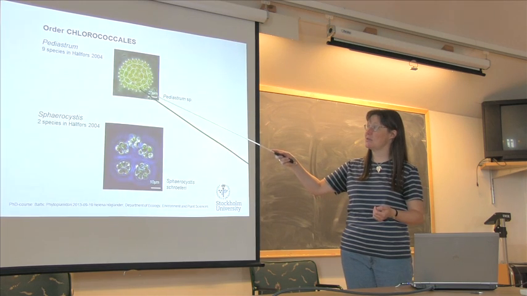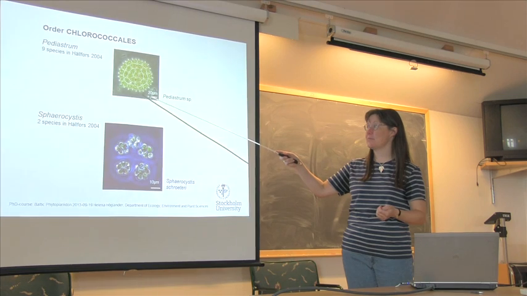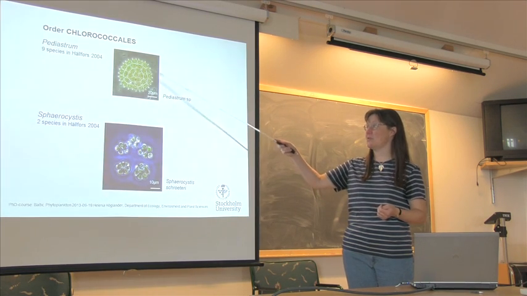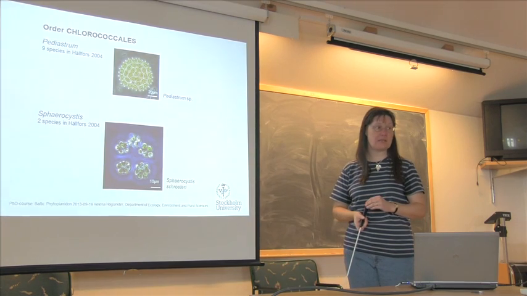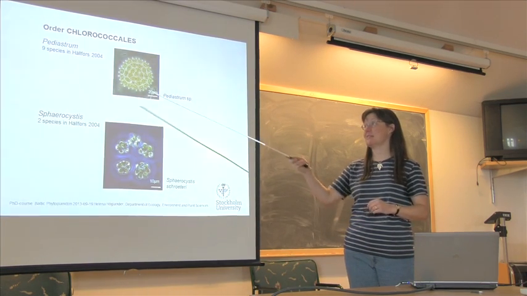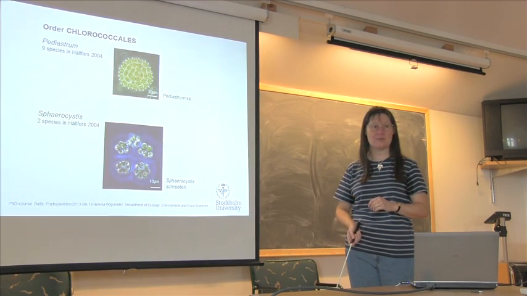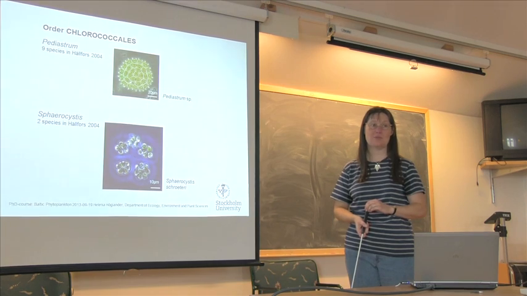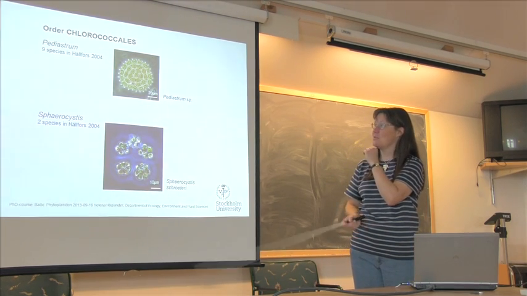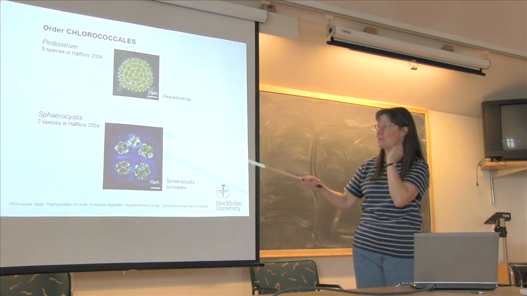And here the lengths of these outer cells and the forms of these colonies are used for identification. But this genus has also been split into other genera now, so I'm not sure if all belong to Pediastrum, but in that group at least.